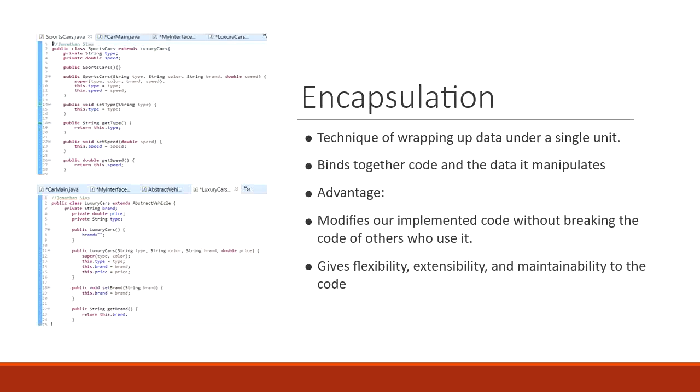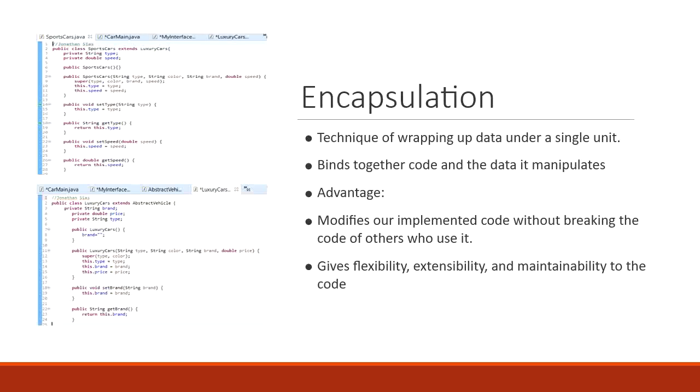It can only be accessed using methods of the current class. Encapsulation is achieved by declaring all variables in that class as private and writing public methods in the class to set and get the values of variables.